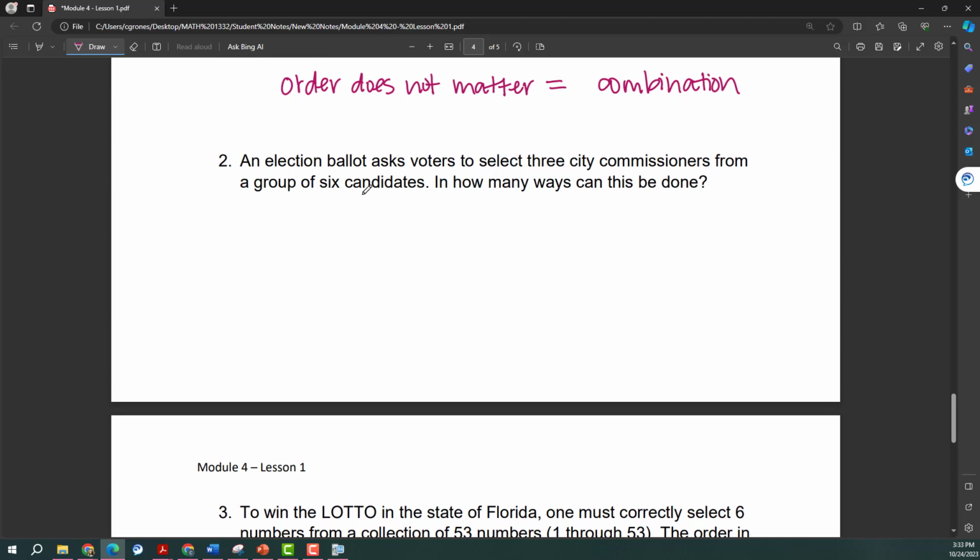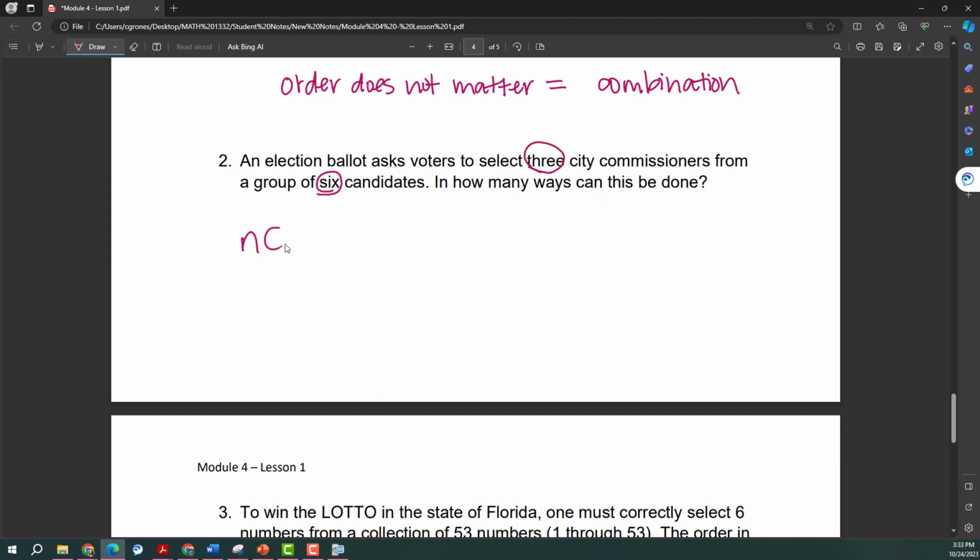Number 2 says an election ballot asks voters to select 3 city commissioners from a group of 6 candidates. In how many ways can this be done? So this is a combination because it doesn't matter if you're selected first, second, or third, you still get selected to be a commissioner. So it says we have a group of 6 candidates and we are selecting 3 commissioners.